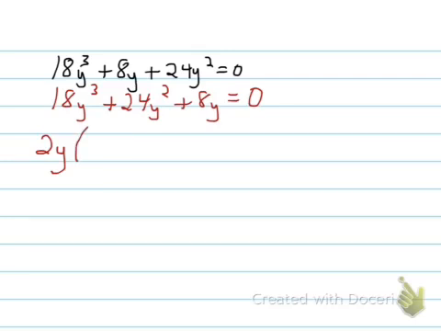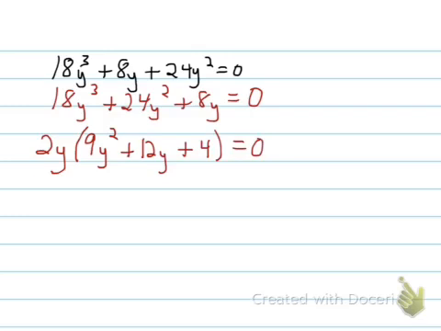Alright, 2y times 9y squared would give me 18y cubed. And then 2 times 12y would give me 24y squared. And then 2y times 4 would give you 8y. Alright, good.